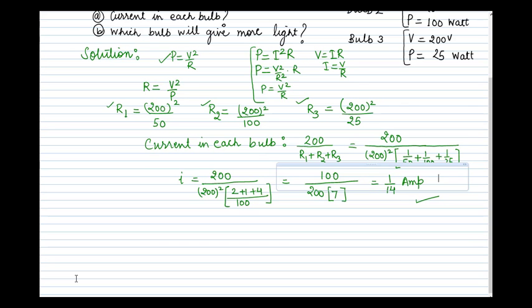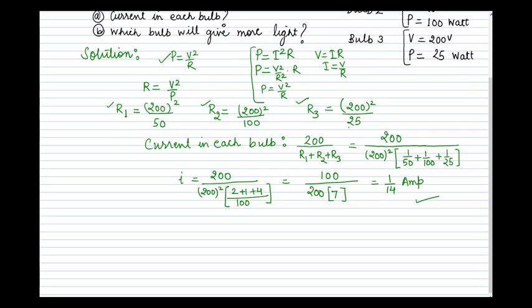So let's see. Now if you look at the resistance of these three bulbs, this is 200 square upon 50. The numerator is the same in these three. Just have a close look: 200 square upon 50, 200 square upon 100, 200 square upon 25. Whose resistance is large? This resistance is large because it's upon 25, right?